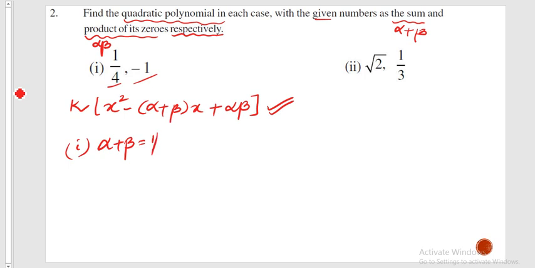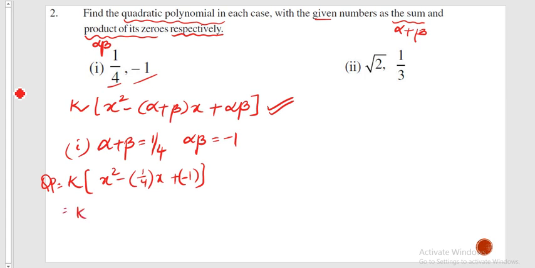Alpha plus beta is 1 by 4, alpha into beta is equal to minus 1. So my quadratic polynomial is given by k times of x square minus of 1 by 4 into x plus of minus 1.